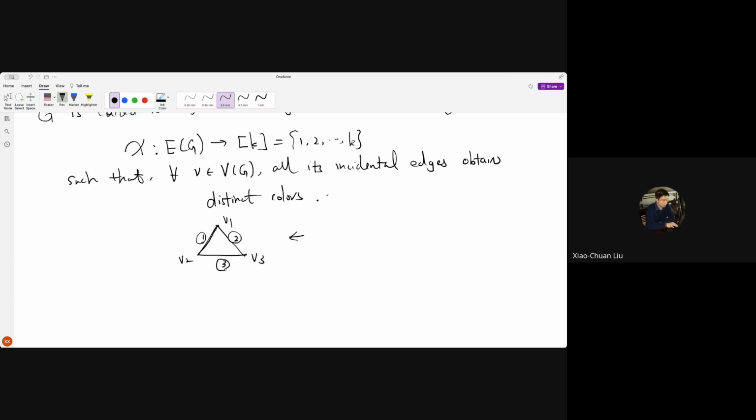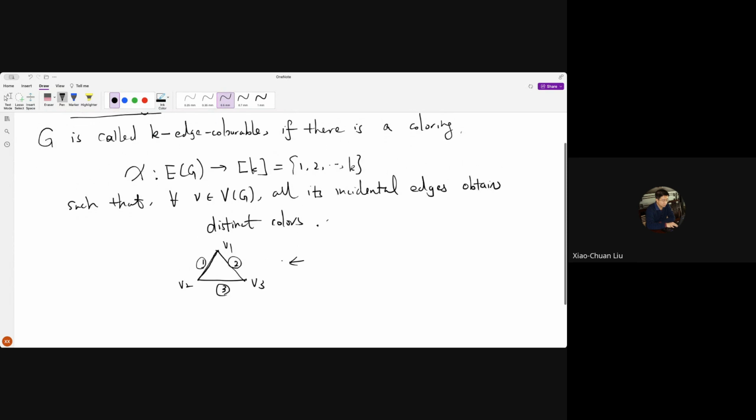So the triangle is 3-edge colorable, but it is not 2-edge colorable. Is the definition clear? We try to make it slower, because today the proof is not very easy, so I make sure everyone knows what's going on here.